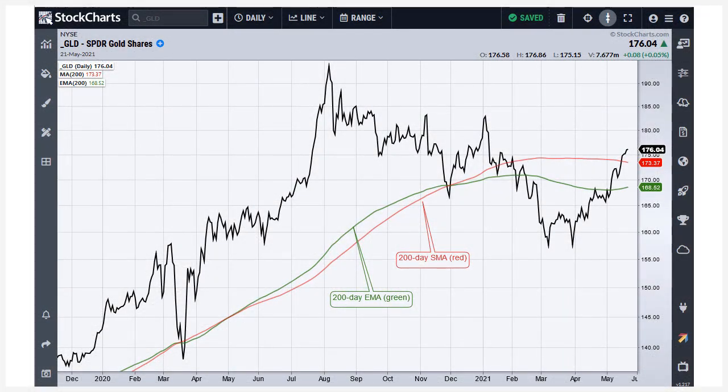So I am working off of StockCharts ACP, and here I've got gold. This is just a close-only chart for the Gold SPDR, and we can see it making a big move and then coming down. This is the 200-day SMA in red, the 200-day EMA in green.